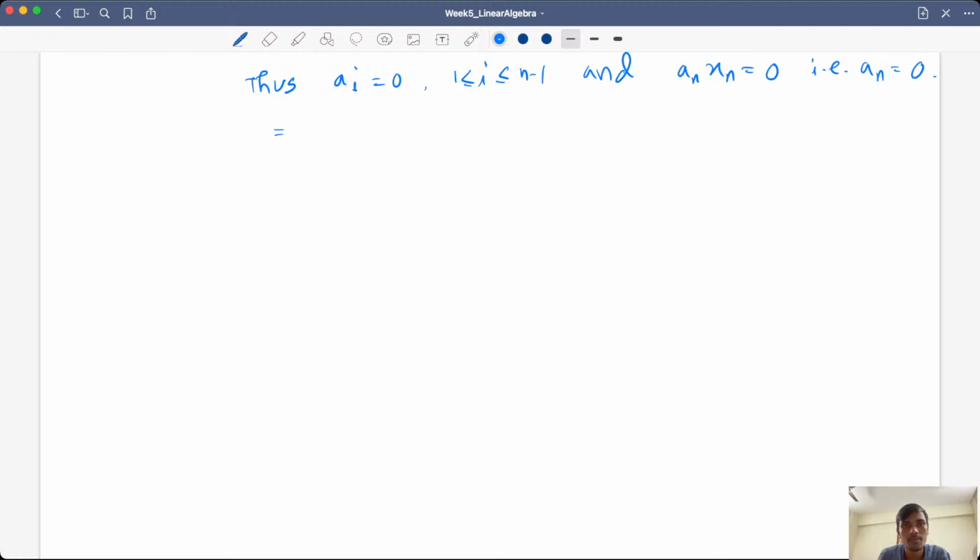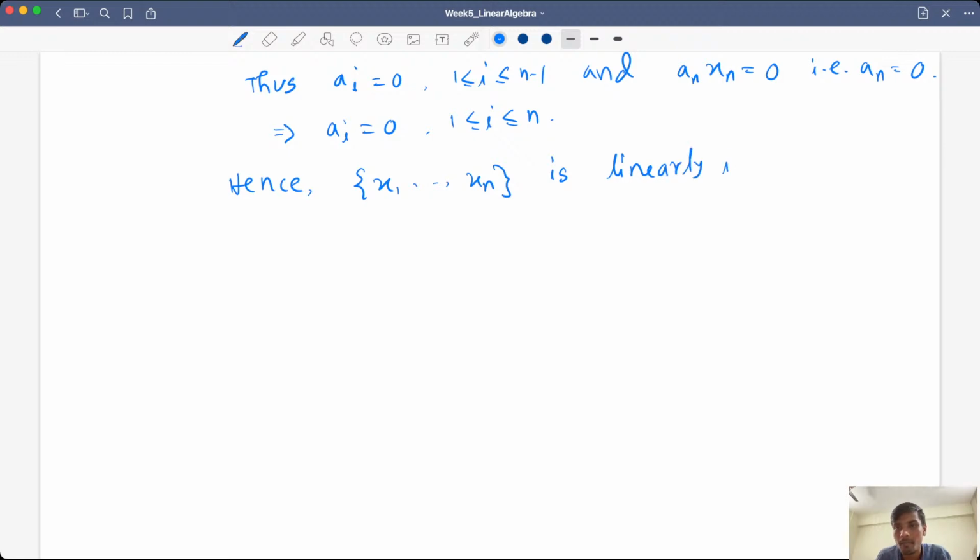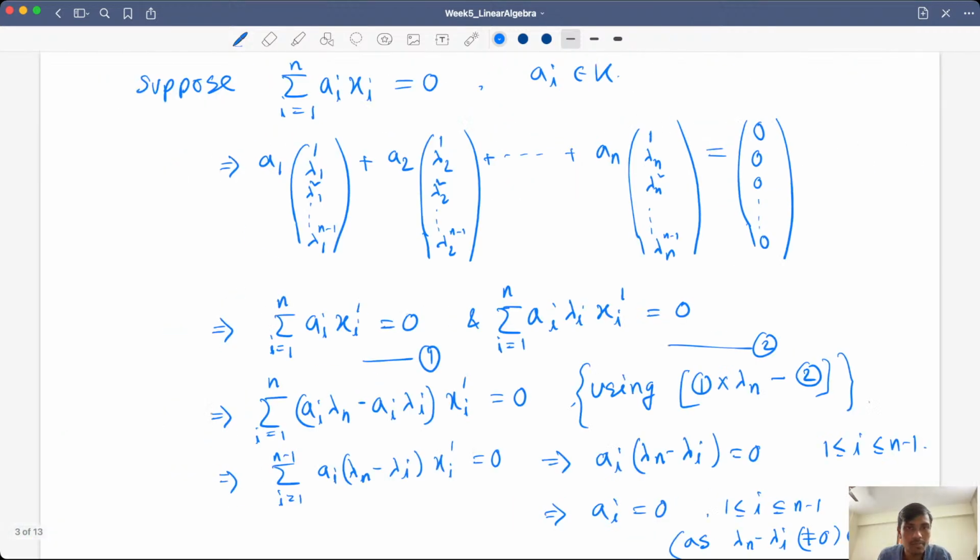So this means a i equals 0 for 1 ≤ i ≤ n. Hence x 1, x 2, up to x n is linearly independent.